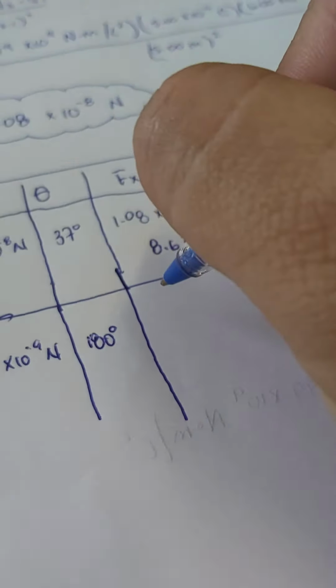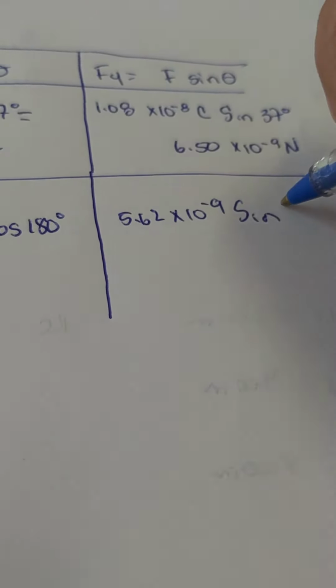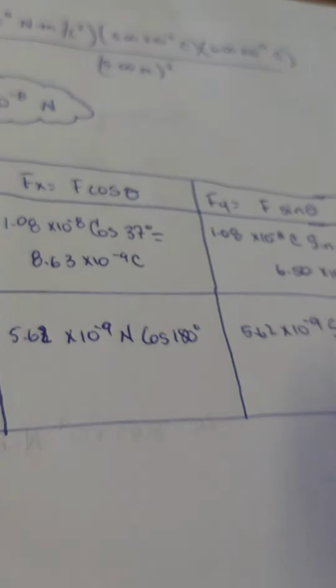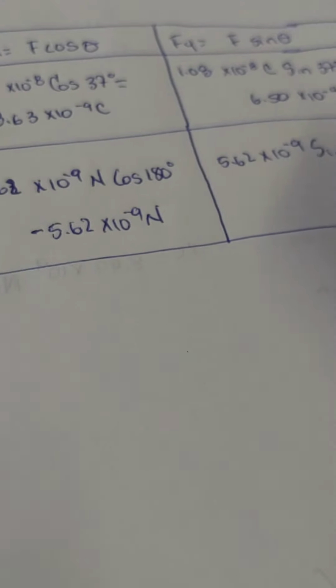So now we complete the table: 5.62 times 10 to the negative 9 newtons cosine of 180, and 5.62 times 10 to the negative 9 sine of 180. For cosine we get negative 5.62 times 10 to the negative 9 newtons, and for sine we get 0 newtons.